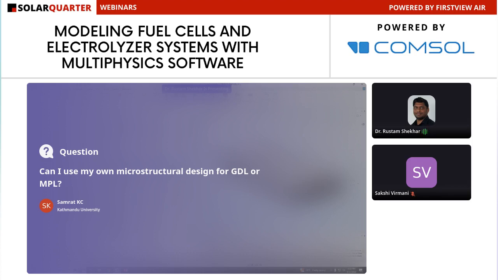But in case you want to test your GDL or MPL in the real manner, using real structures, let's say you got some SEM images and you want to test those for your fuel cells, then yes, you can work on a very detailed model where you can import those GDL or MPL structures.